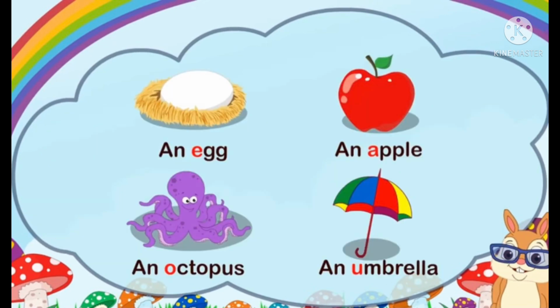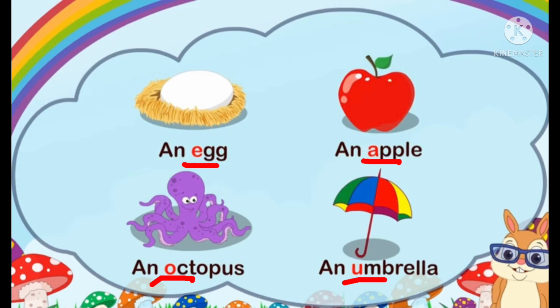And now look at these words. It starts with E, A, O, U. Do you remember? Kalau huruf pertama of a word begins with A, E, I, O, U, kita akan guna a atau an?